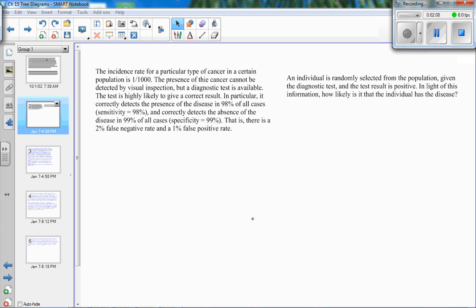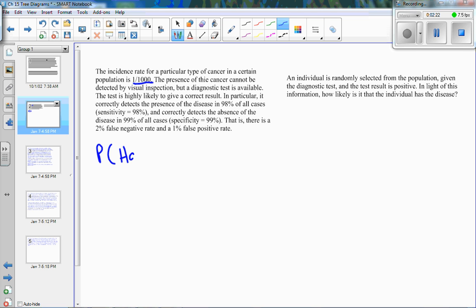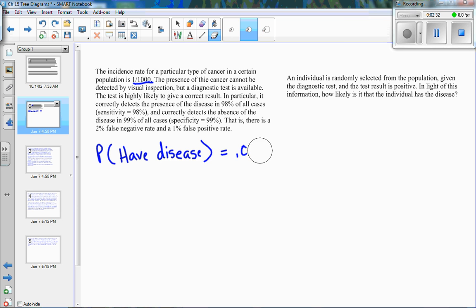When you do a problem of this type, the first thing you have to do is start with a probability. It's going to be this one right here. The probability that you have the disease is 0.001.